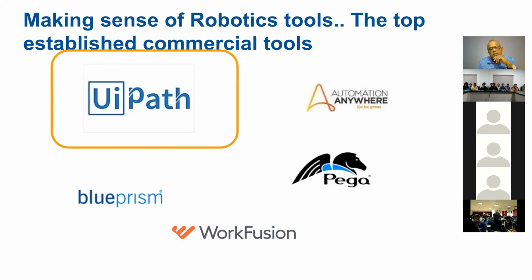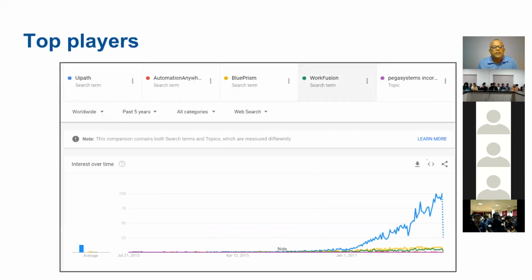I think WorkFusion also has a community edition, and almost everybody else does too, but by far the top player at the moment is UiPath. A lot of people are getting trained in UiPath, and there's an actual shortage of people who understand UiPath. So we're going to learn UiPath through doing.